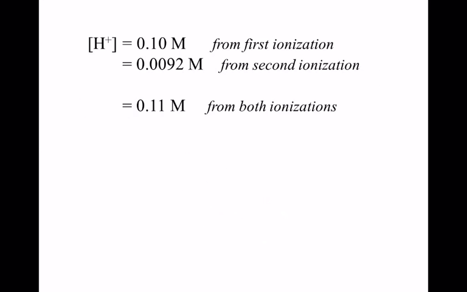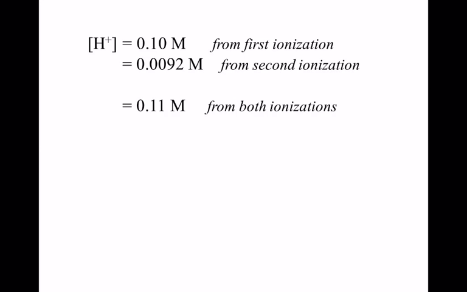Remember, our goal was to come up with the pH of the solution. We come up with the hydrogen ion concentration brought by both of these ionizations, and we've got 0.011 or 0.0092. So basically you're adding these two quantities. When we add, we round according to decimals, and we're limited to 2 decimals.